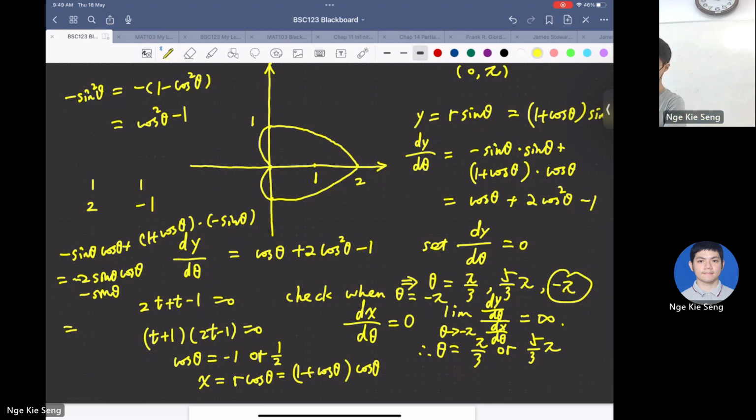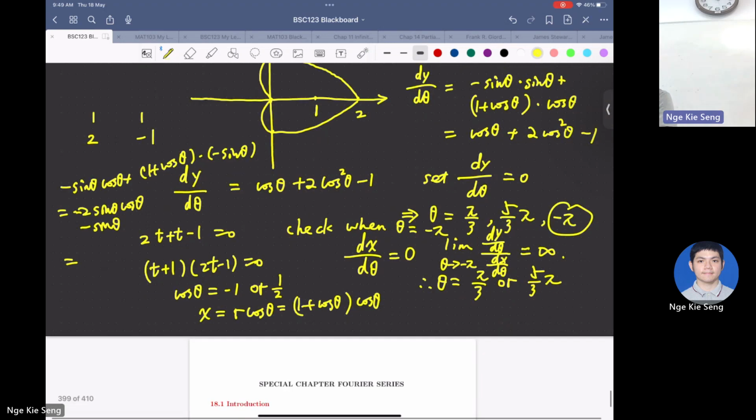But we should notice that not every answer will be the final answer. So this minus pi, we need to check. I feel I have to check the answer for the other two, I mean pi over 3 and 5 pi over 3. I just think that I don't need to check these two answers. I have that feeling.